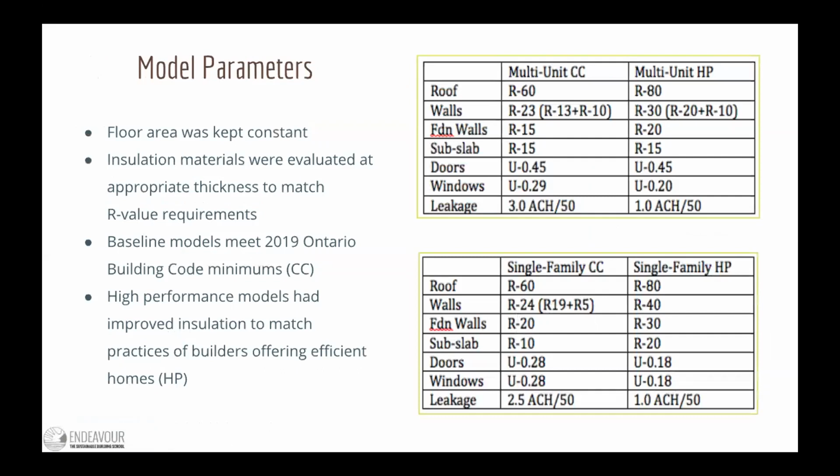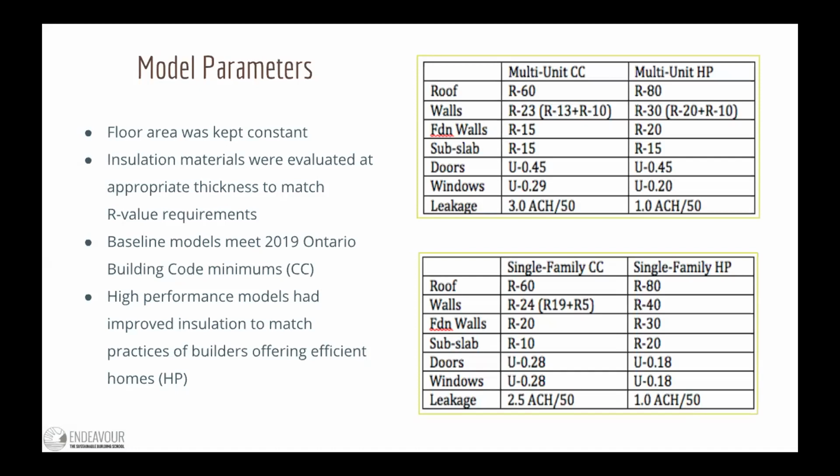So just a few more parameters about these model buildings. The floor area was kept constant for these. So as different insulation assemblies were used, obviously some walls needed to be thicker to achieve the same R values. All the R values that we used are there on the screen on the right for you.